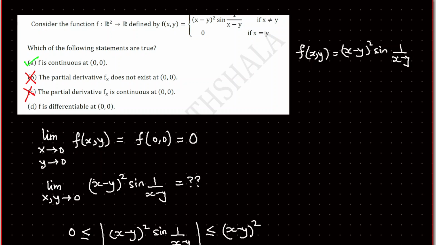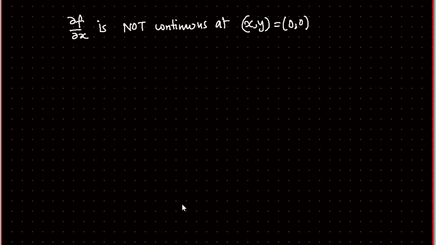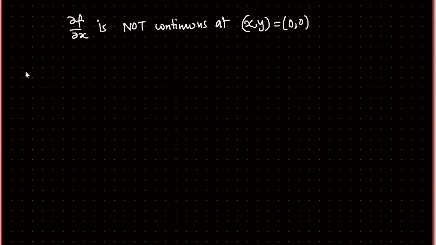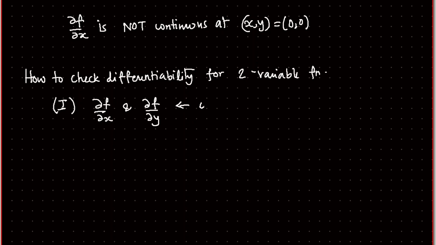The last option asks us to check whether the function is differentiable or not. So how to check differentiability for a two variable function? Step 1, first you start off by computing the partial with respect to x and the partial with respect to y. Compute them.